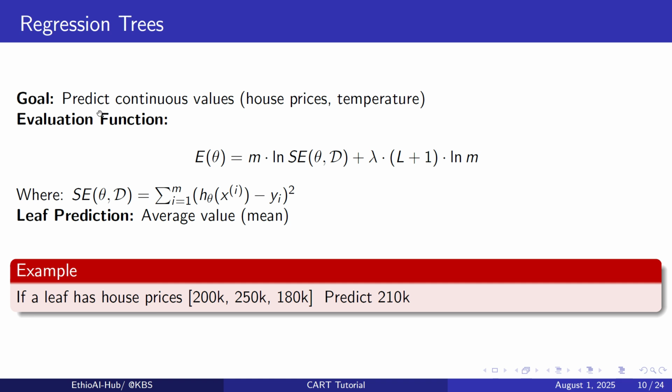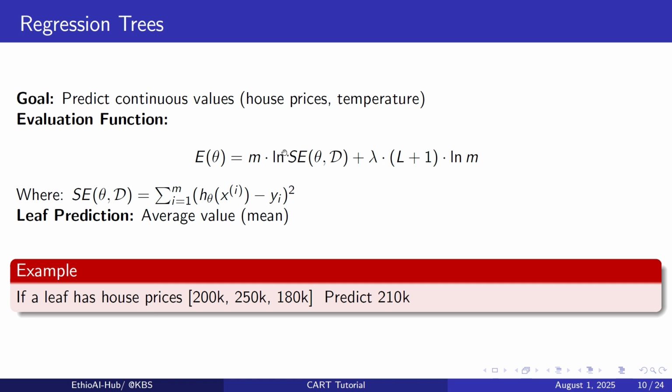In a regression tree we predict continuous values, numbers, for example age, price, temperature, and the evaluation function is given by the standard error, or mean squared error, and this is also a regularization term. What is the idea?